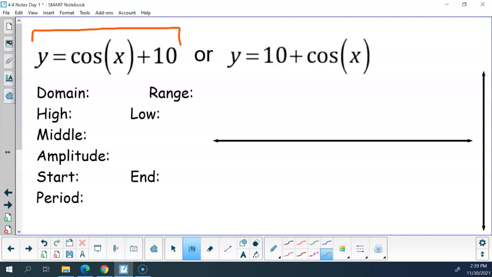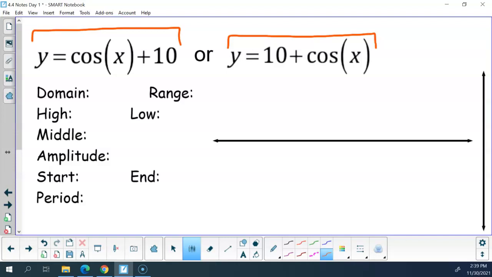We found in the last 5 years, this is how the test likes to write it on the final. They mean the exact same thing. They just put their number first and their trig function last. We like to put our trig function first because we're all about trig. But they mean the same thing.